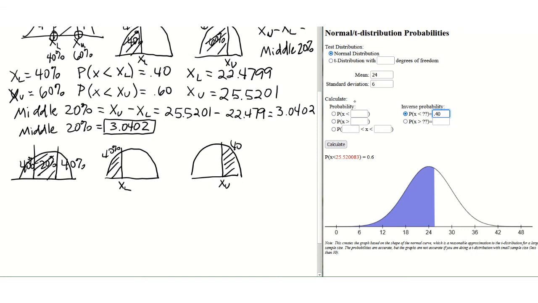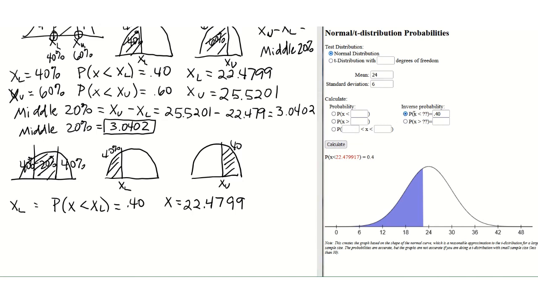We take the probability x is less than my lower value, set that equal to 40%, and then when I plug that in to calculate, that gives me 22.4799.